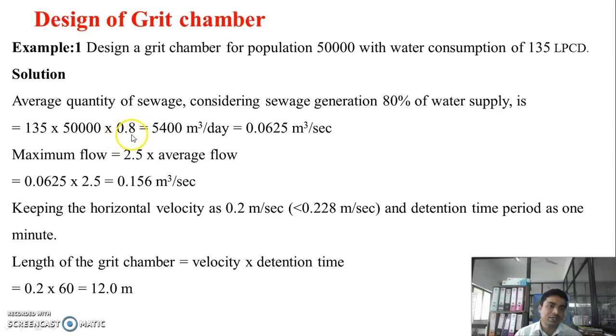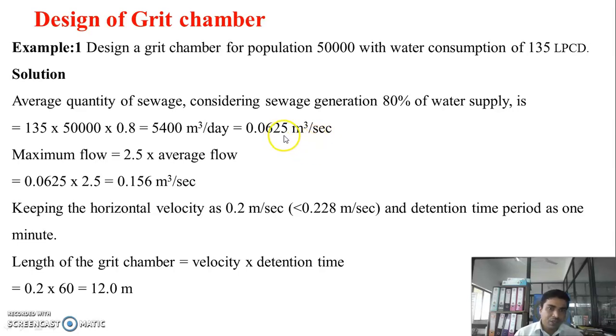This gives 5,400 meter cube per day of wastewater. Converting this into meter cube per second, we get 0.0625 meter cube per second.